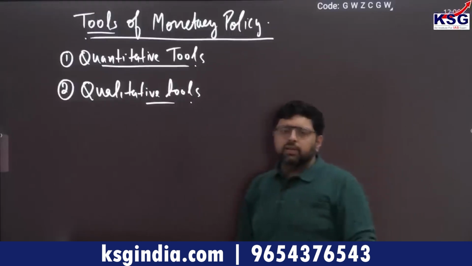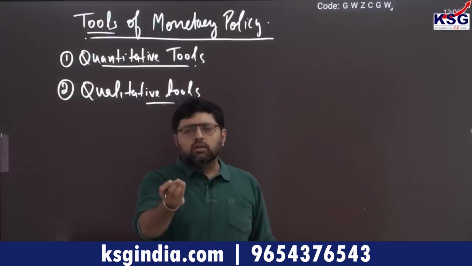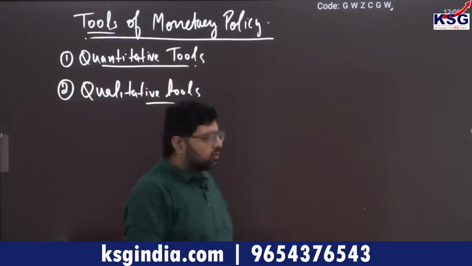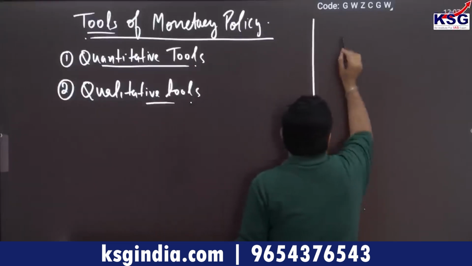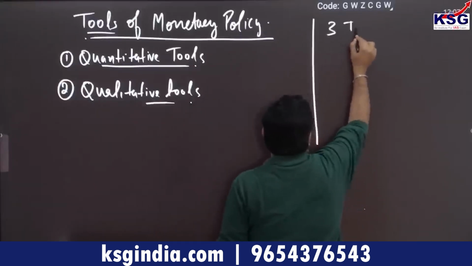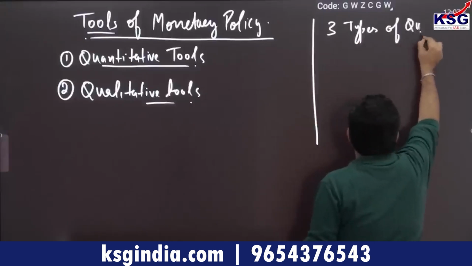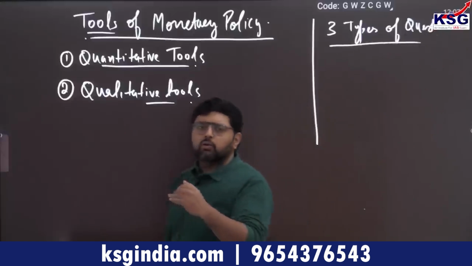Very important. So my question to you, can you list the quantitative and qualitative tools? Okay, so what kind of questions come from this? There are only three types of questions that UPSC used to ask. So first, you must know the list of quantitative and qualitative tools.